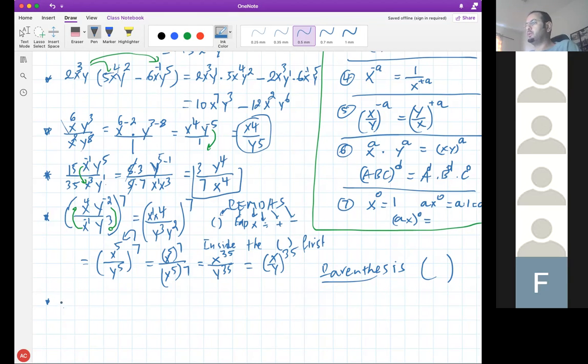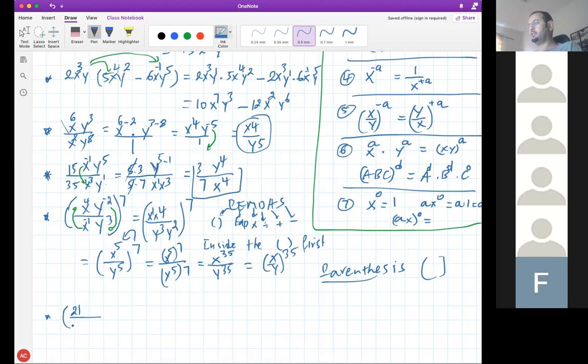Let's do another one. This time, let's see what happens if this power is negative. Let's see what happens if you have a negative power instead of a positive power. So let's take another fraction, and let's mix things up a little bit.